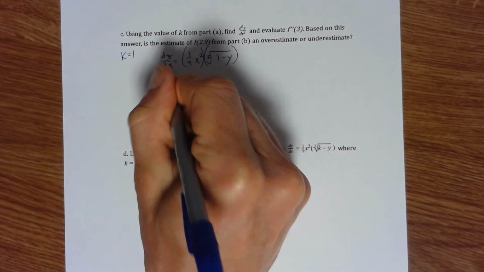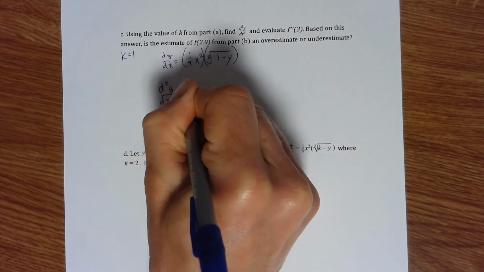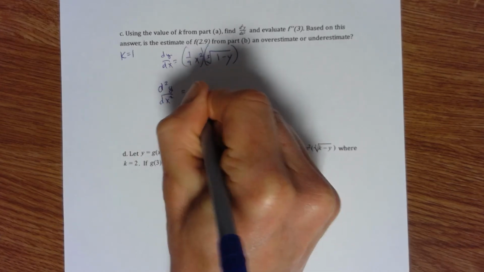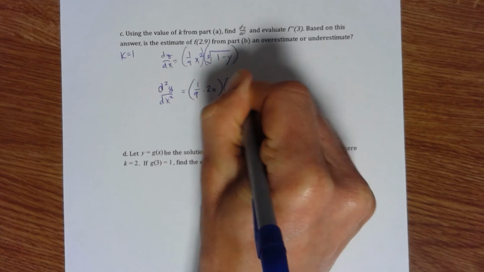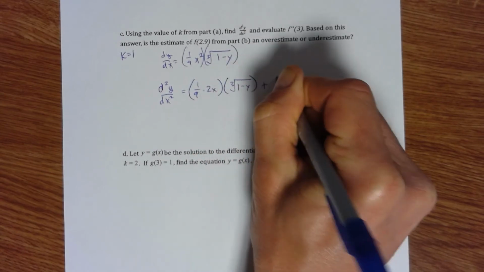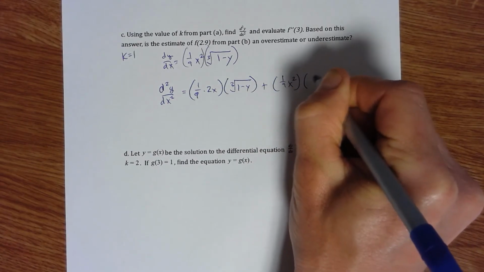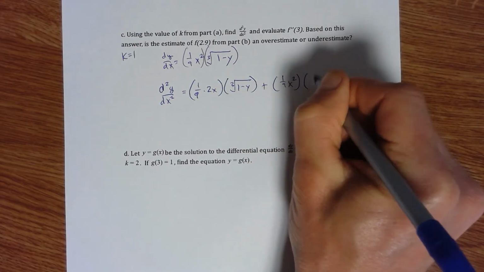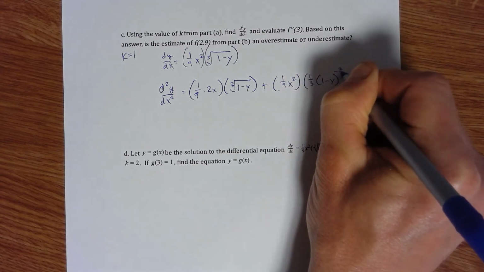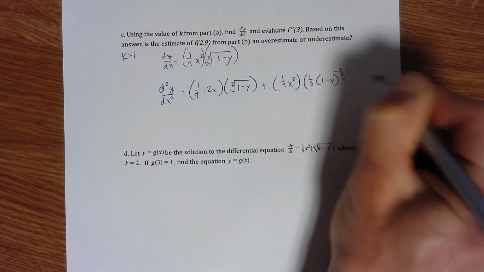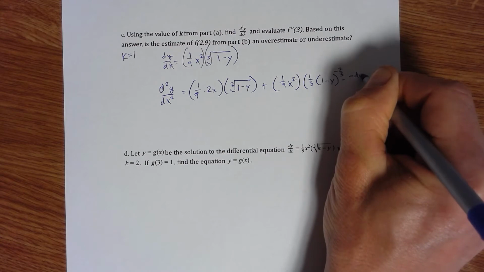So the derivative of the left-hand side, d squared y dx squared, equals the derivative of the first, which is 1/9 times 2x, times the second, cube root of 1 minus y, plus the first, 1/9 x squared, times the derivative of the second, which would be 1 minus y to the 1/3. Use the power rule: 1/3 the quantity to the 1/3 minus 1, or negative 2/3, times the derivative of the inside, which would be negative dy/dx.